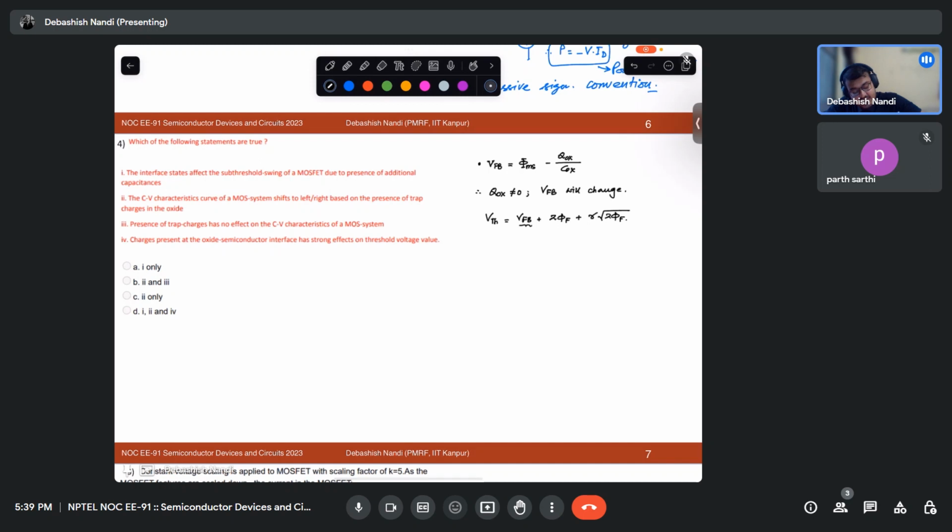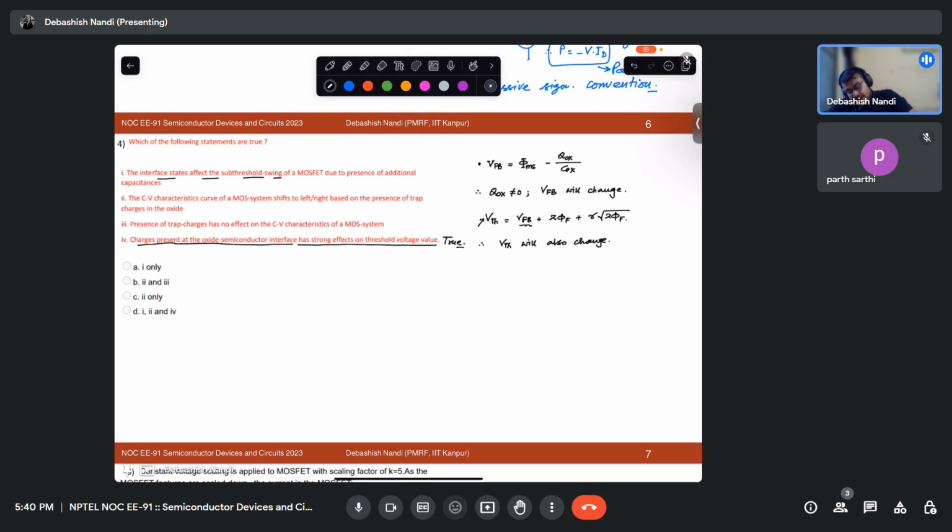So if this changes, VTH will also change. So charges present at the oxide semiconductor interface have a strong effect on threshold voltage. This is true.